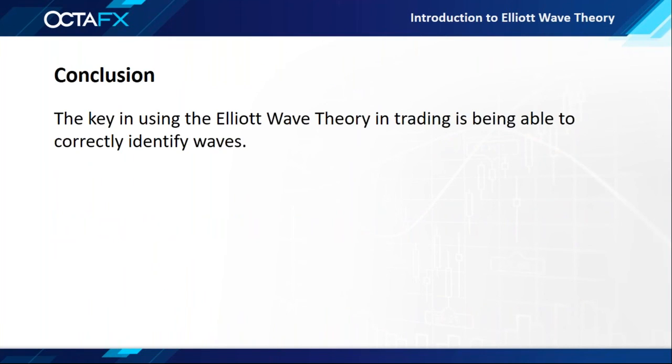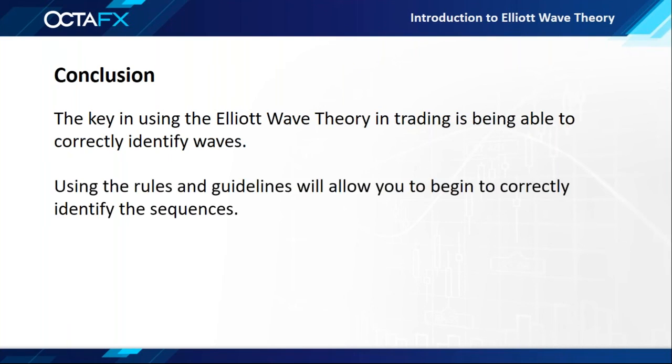So in conclusion, the key in using Elliott Wave Theory in trading is being able to correctly identify the waves. So you're going to want to look at those 3 cardinal unbreakable rules and make sure the potential sequence that you're looking at is in line with all those rules. There's also a number of guidelines that you can observe. So using the rules and guidelines will allow you to begin to correctly identify the sequences.